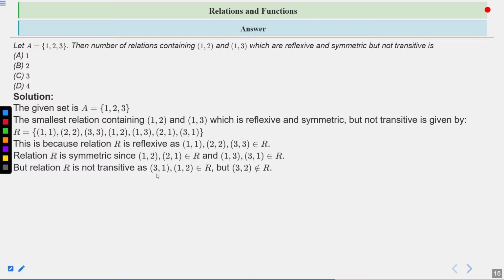See, (3, 1) and (1, 2) are present. So what is the condition of transitivity?